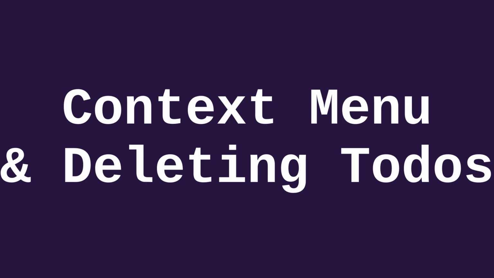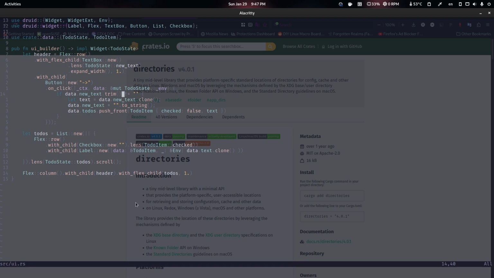Let's start off with the ability to remove things. So to remove things, we need a way to notify that we want to remove this item, right? What's the best way to do that? We're gonna add a button to every single to-do, and that button is just gonna be used for saying clear this thing.